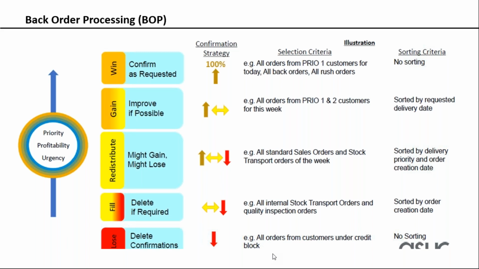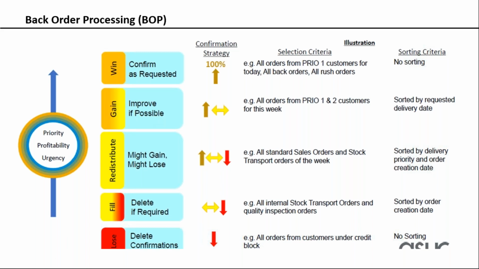If the remaining 20 is not available, the system still keeps that 30 quantity the same in the sales order. That means the existing confirmation will not be deleted. That's why the statement here is improve if possible: keep the existing confirmations and gain if possible.